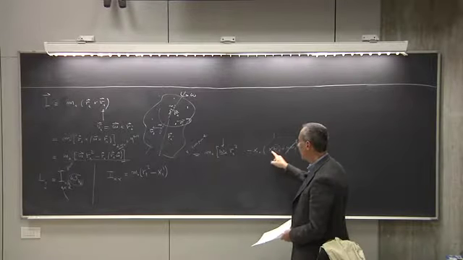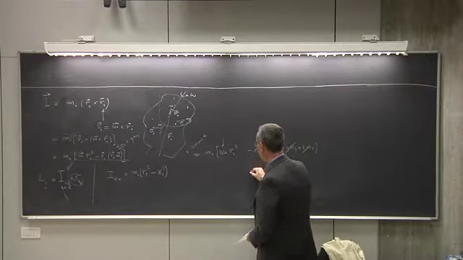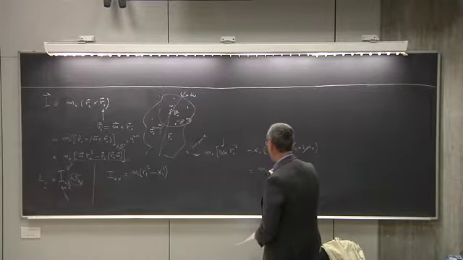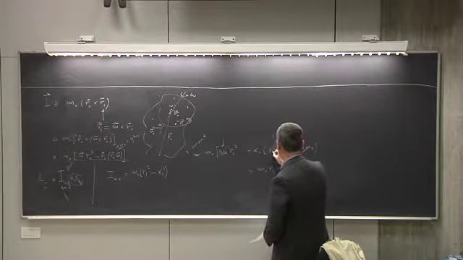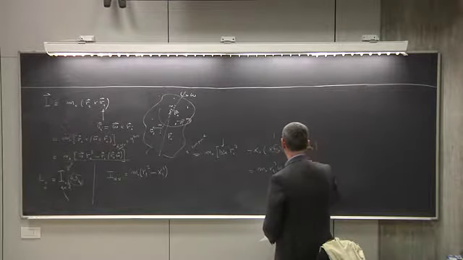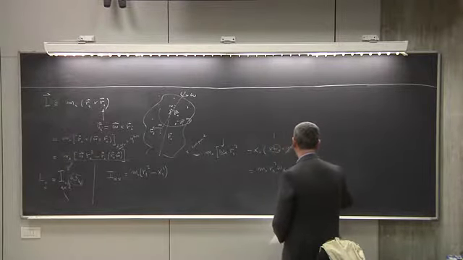And if I collect, you see, this thing becomes m_i r_i squared omega x minus x_i squared omega x.